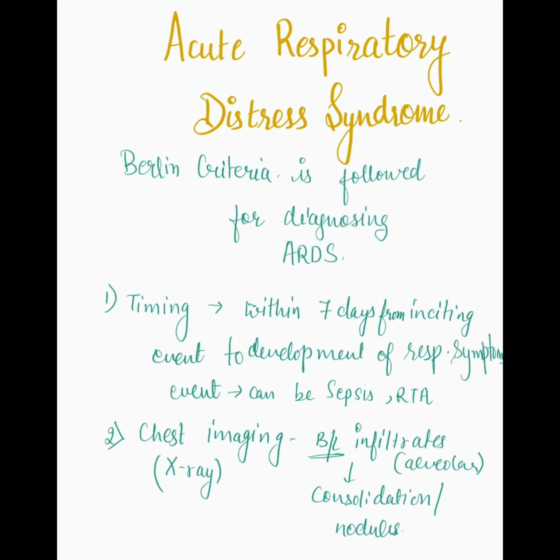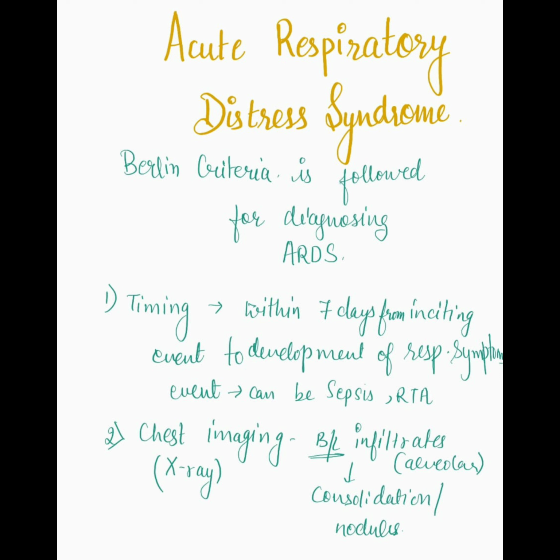So coming to diagnosis, we use the Berlin criteria. It is used to diagnose ARDS. Firstly is the timing: within 7 days from the inciting event to development of respiratory symptoms. So timing is important. Like if sepsis occurs, it should develop respiratory symptoms within 7 days, then it will be called ARDS.